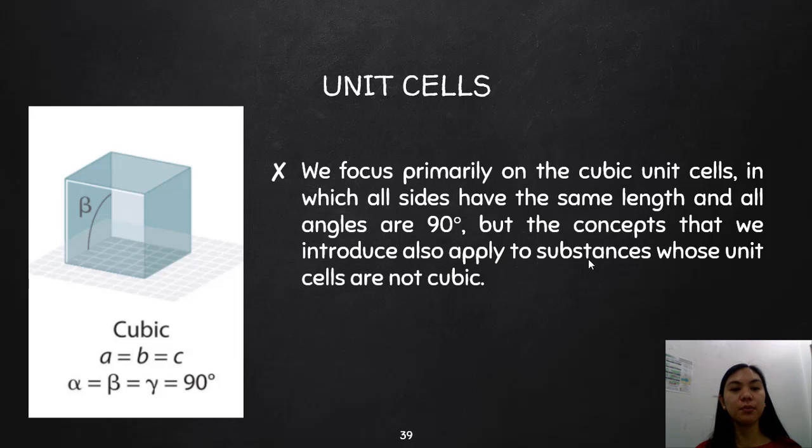Kasi aside from being a cubic unit cell, meron pa po yung subtypes. Okay, so all of the unit cells discussed, you have 7, may subtypes pa po yan. Although yung unit cell na we will be talking about is the cubic unit cell particularly, kasi siya yung pinakamadaling intindihin, and the concepts that will be introduced, nag-a-apply din siya sa the rest of the unit cells discussed.